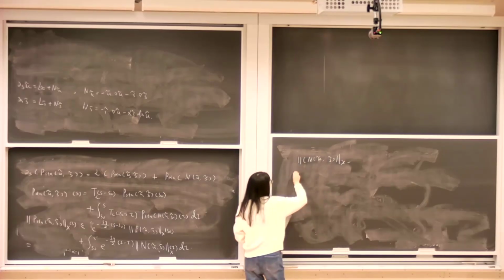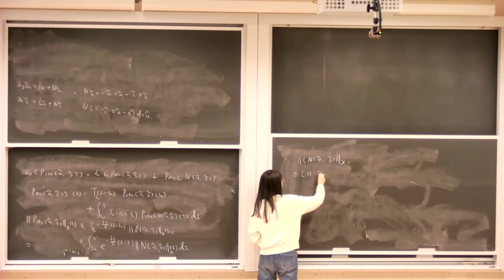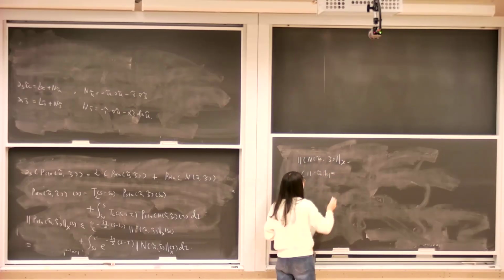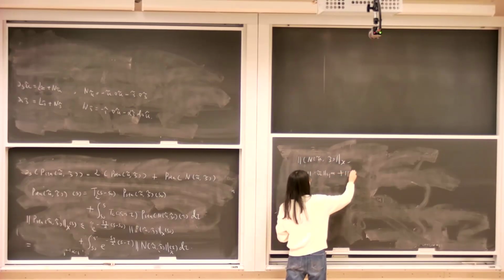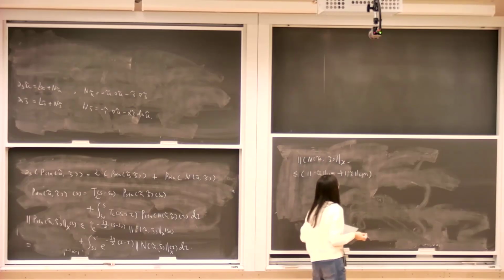Let's say this is less than or equal to the gradient of u tilde in HM plus s tilde in HM times the n+1 norm.